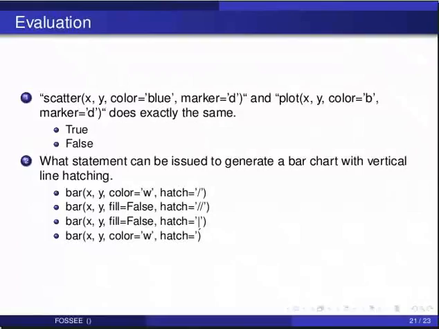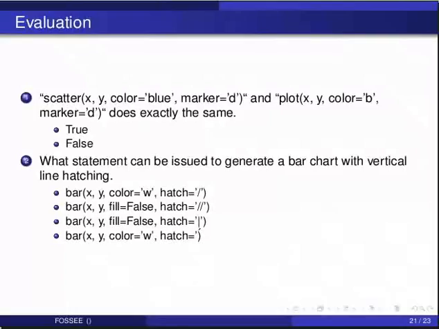Option 3: bar within brackets x, y, fill is equal to false, hatch. Option 4: bar within brackets x, y, color is equal to, within quotes, W, hatch is equal to double quotes.